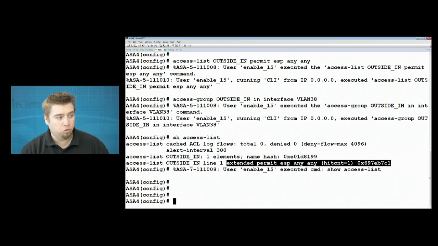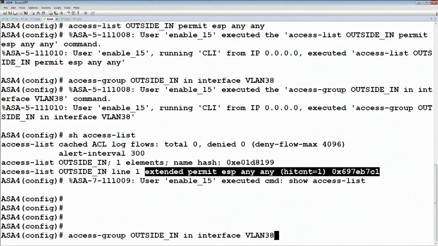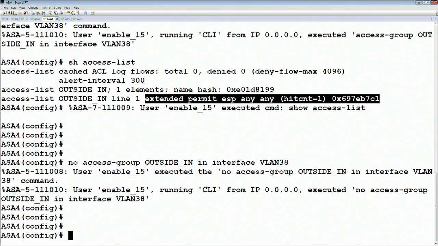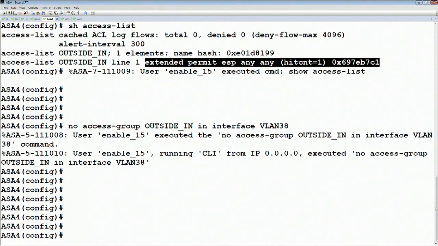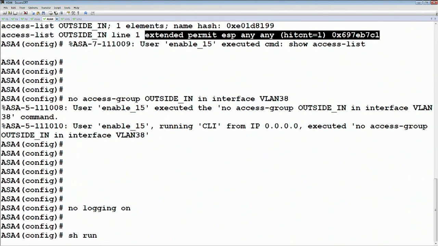Okay, another better solution might be to get the ASA to actually inspect the packets. As long as the traffic comes from the inside and is initiated by router 1, then we can inspect the ESP and then allow the return flow to come back in. So let's remove the access list on the interface, and instead let's say show run policy-map.